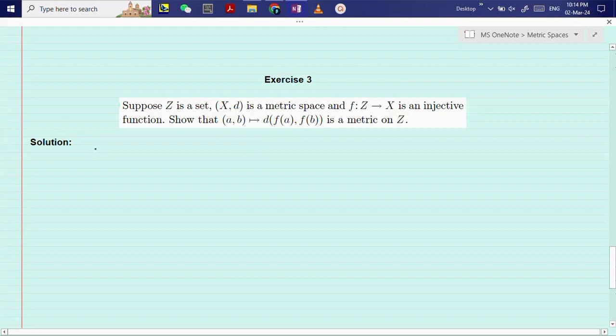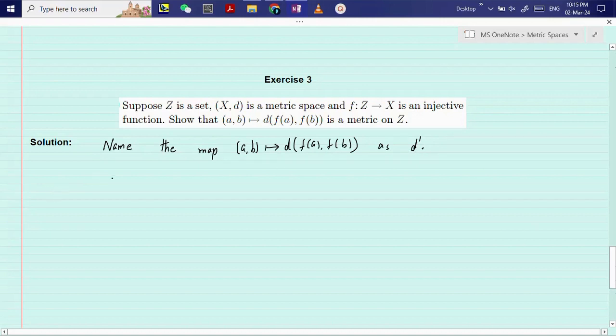So here, if we name this map AB, which maps to d of f of A, f of B, we name this map as d dash.